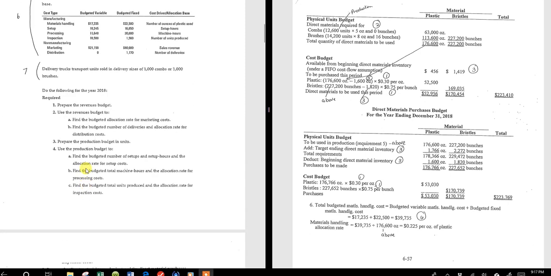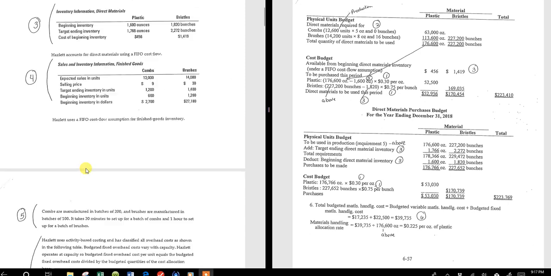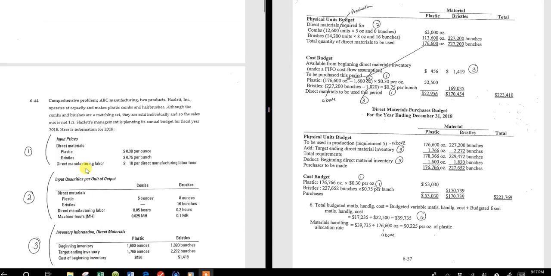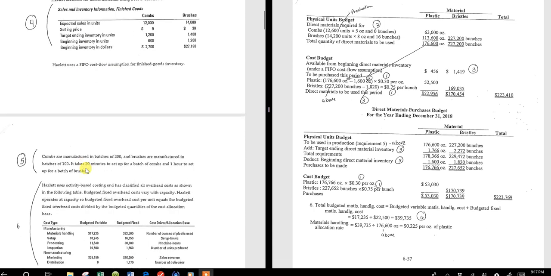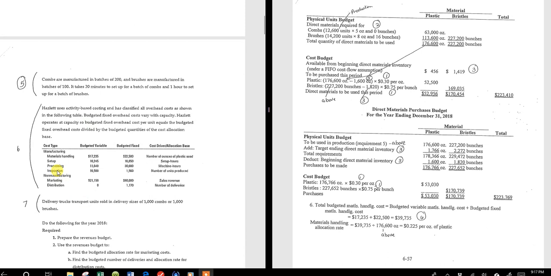So let's go up here and find out how much of materials handling is, and I believe that was in number 6. So materials handling is 17,235 and 22,500, and we're going to allocate it based on the number of ounces of plastic used. Thus, why we did it here.